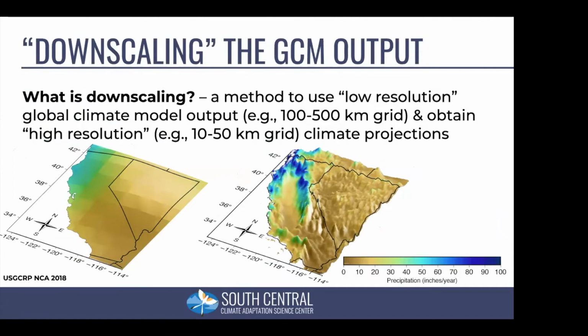In our case, we use statistical relationships between long-term historical measurements at local weather stations and that larger scale GCM output. For example, the global climate model may have a grid spacing of 100 kilometers by 100 kilometers. And using statistical techniques, we can downscale to a grid spacing of perhaps 10 kilometers by 10 kilometers.